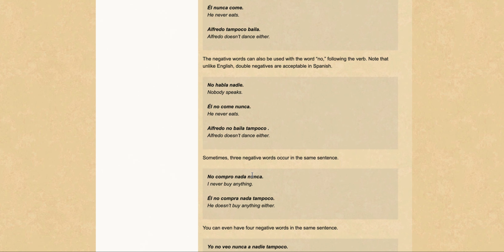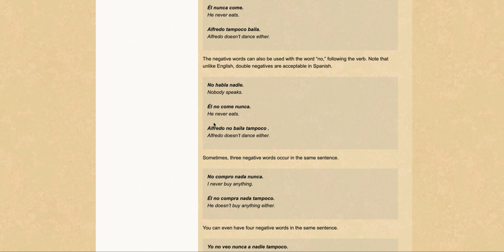So Alfredo no estudia tampoco. We could have gone through this with this example, but we're not allowed to add tampoco because we had a dash before estudia. Having a dash before the verb is making it confusing.